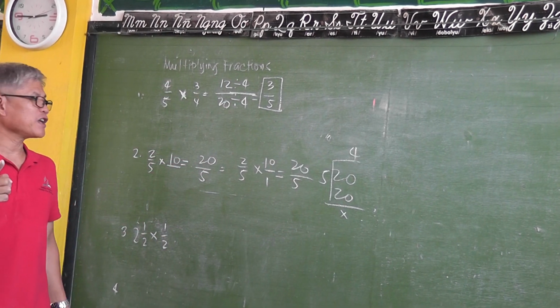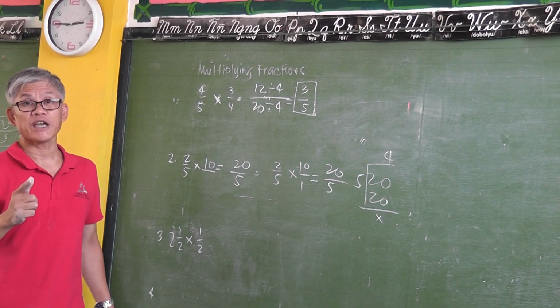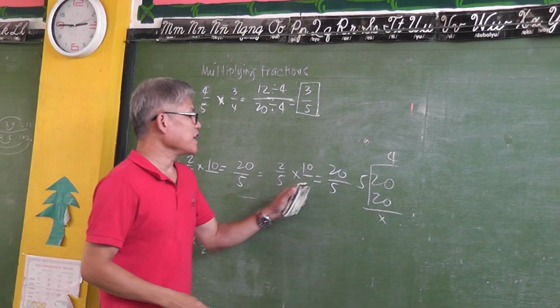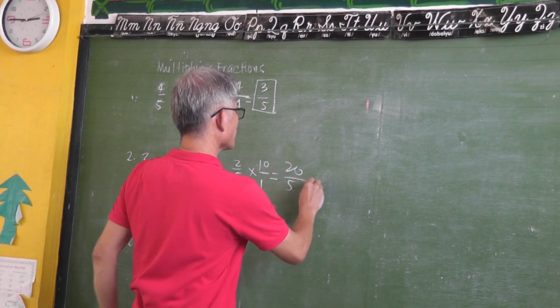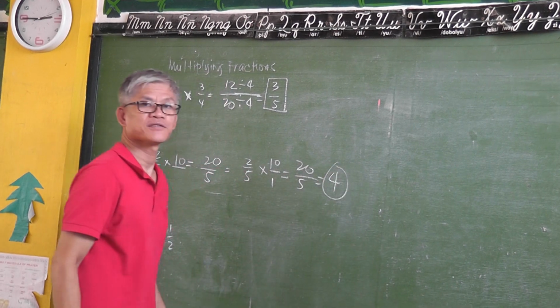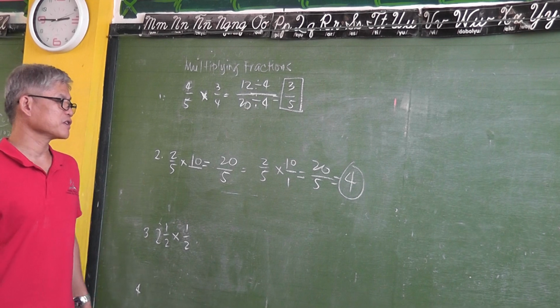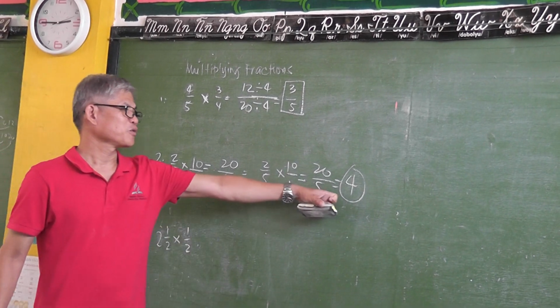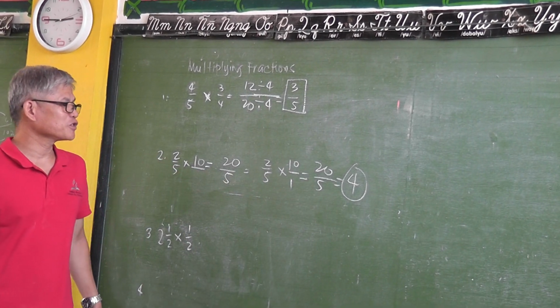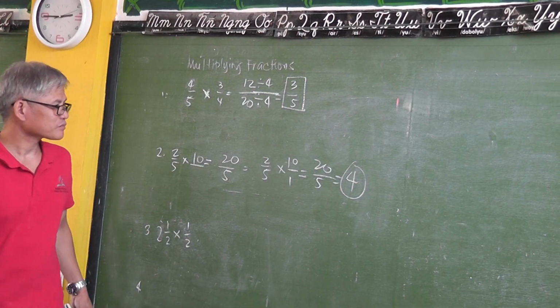If you divide the numerator by the denominator and you have no remainder, the answer is a whole number. So our answer is 4. You have seen it a while ago in my solving. So, because it has no remainder, our answer is a whole number.